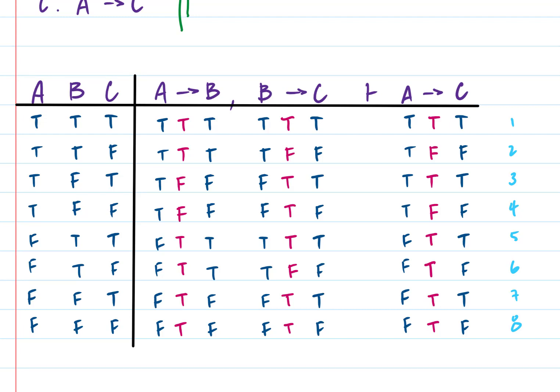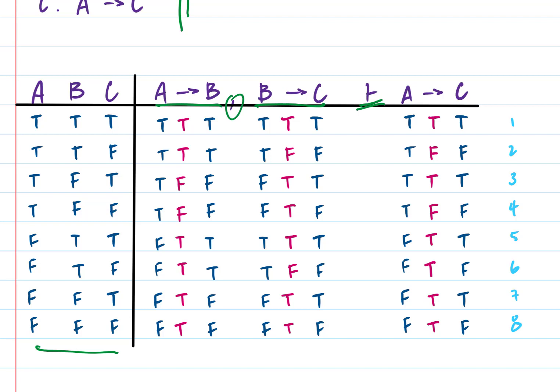Okay, so in this truth table, on the far left here, we have the atomic sentences that show up in the sentences in our argument, so you know how that works. And then on the right here, we have each of the sentences. First we have the first premise, A arrow B, the second premise, separated by a comma, B arrow C, the turnstile.